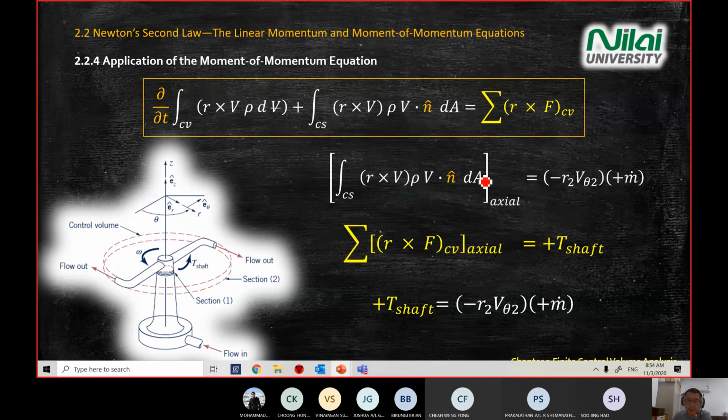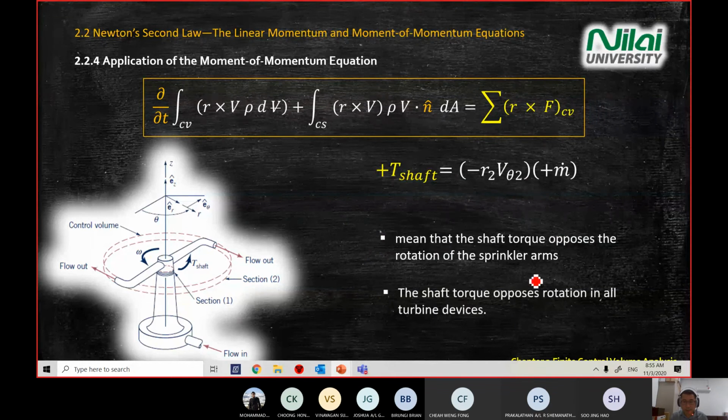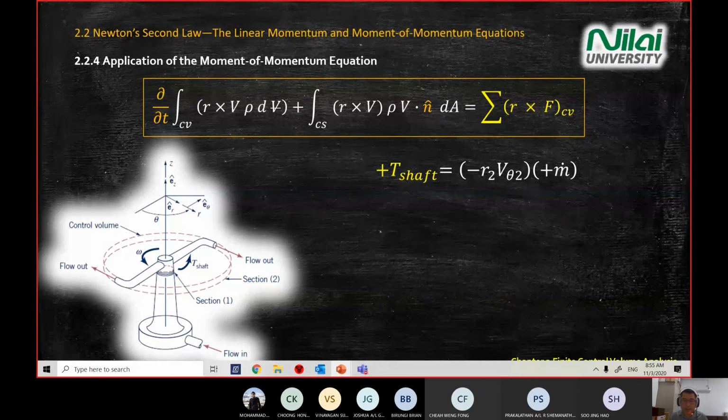You compare these two equations, and you get your momentum shaft equation: T shaft equals negative R V times your mass flow rate. This is what we already explained just now.